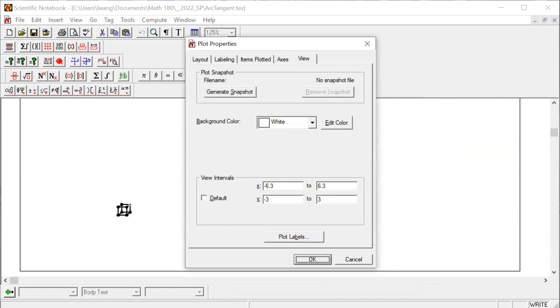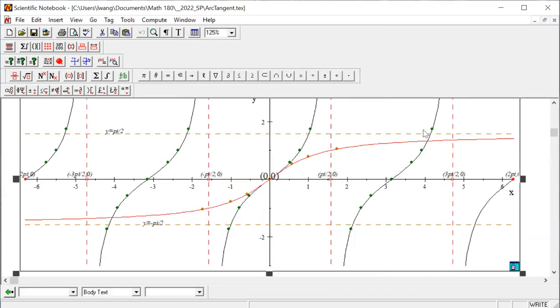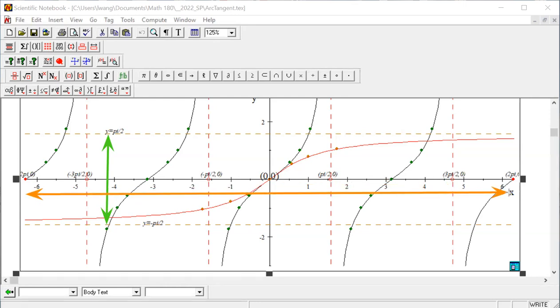There, you see the red curve is bounded between the two horizontal lines. In other words, it is between these two. That's the range, the vertical span. Horizontally, the horizontal span for the red curve is from negative infinity to positive infinity. It goes on and on forever.